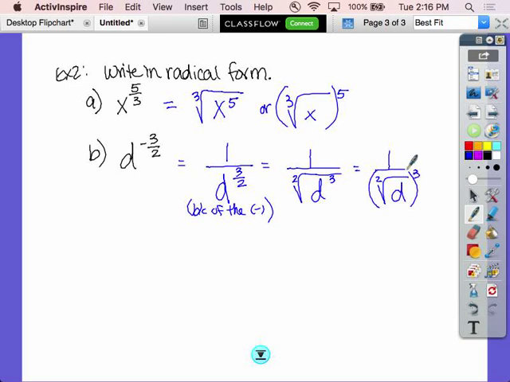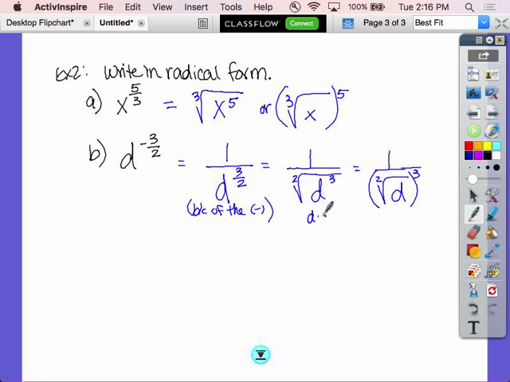Now, y'all, this was a bad example. Let me tell you how. What we are going to end up with here, and I'm not going to make you do it on this one, but I just want you to know for future purposes, is the square root of d to the third, this is going back to Monday's lesson. How many groups of 2?